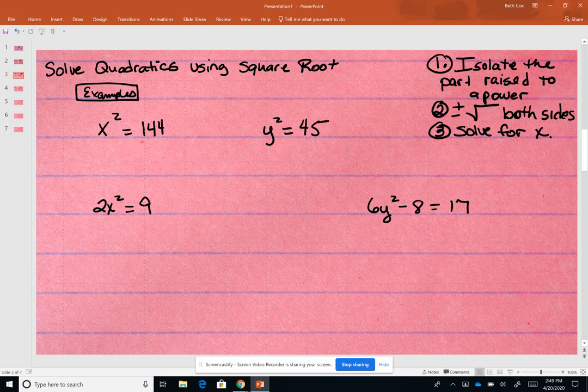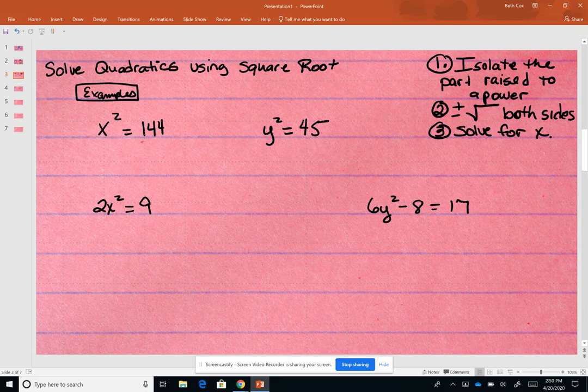So the three basic steps for solving quadratics using square root: the first one is you've got to isolate the part of the equation that is raised to a power. Then, once that's isolated, you're going to take the positive and negative square root of both sides.